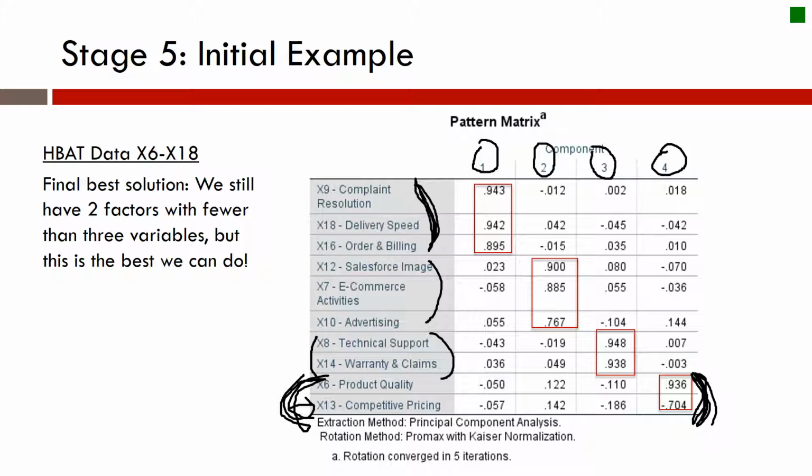And this is the initial approach in terms of how we choose our rotation method. And then we begin to interpret and modify the solution so that it makes sense for us, that we can move forward.